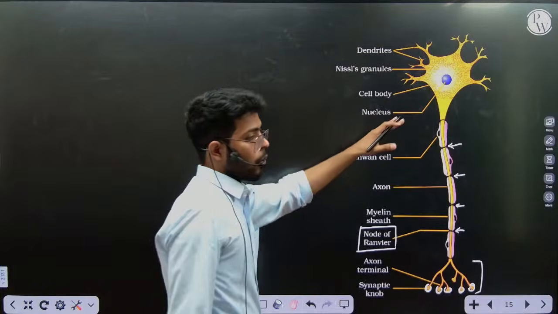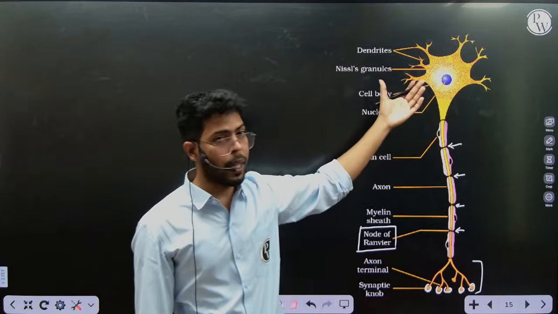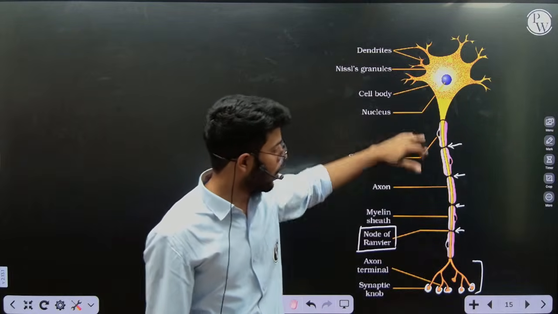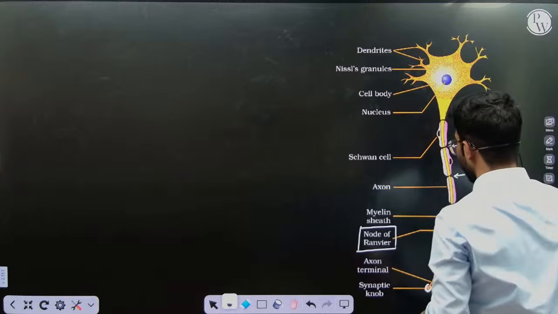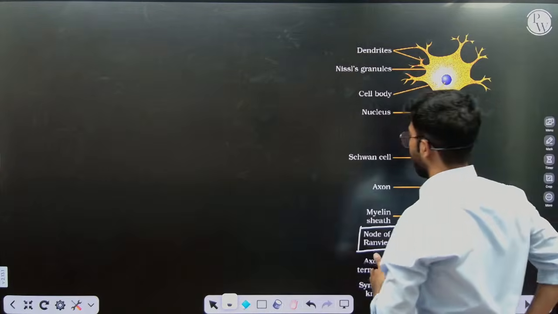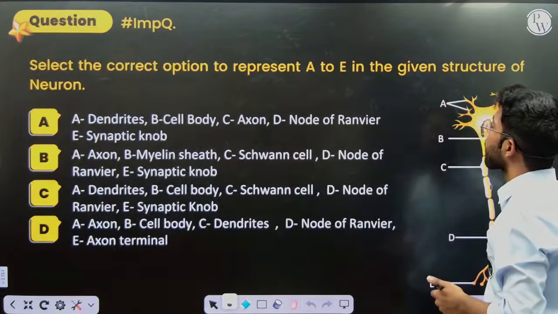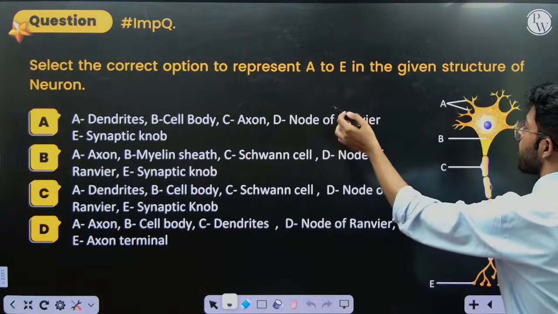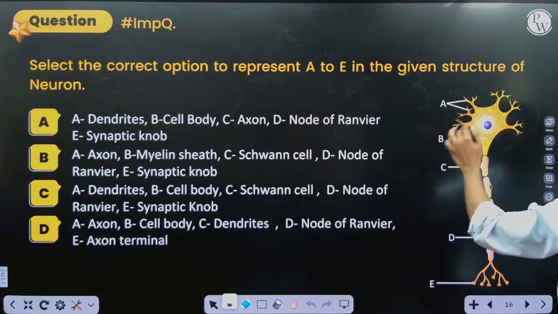So in neurons, we have the cell body or cyton part, the second part is the dendrites, and the third part is the axon, which is the longest part of the neuron or nerve cell. Now the question is, select the correct option to represent A to E in the given structure of the neuron.